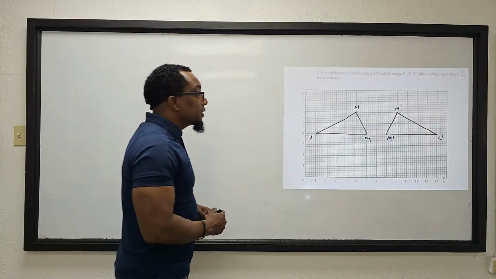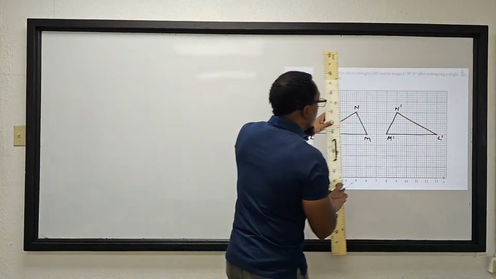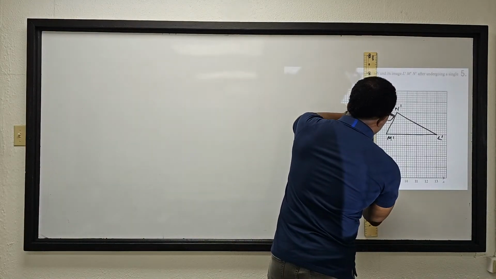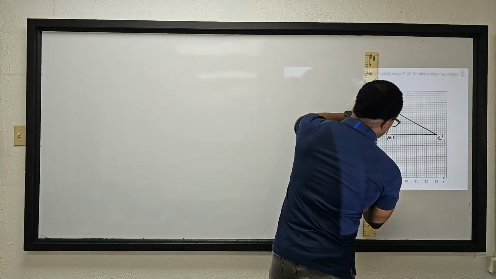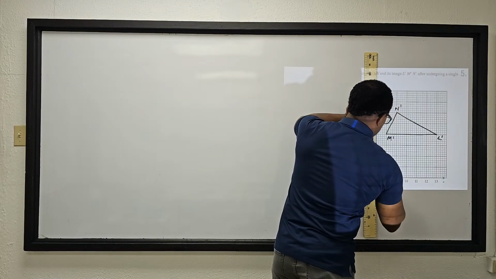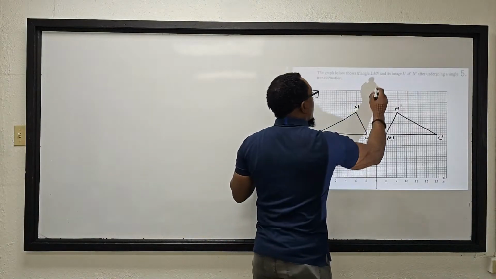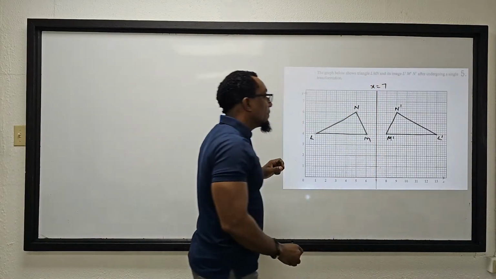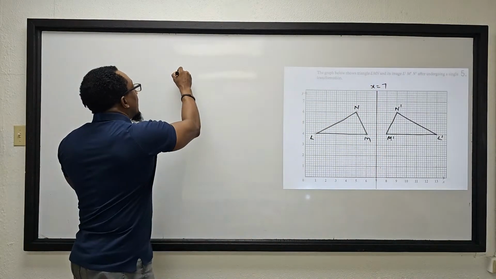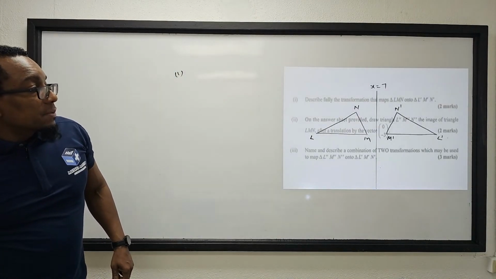So the transformation is simply, again, a reflection in the line, and if I draw a vertical line passing through 7 on the x-axis, this here is the line x equal to 7. So for part 1, they want me to describe fully the transformation.